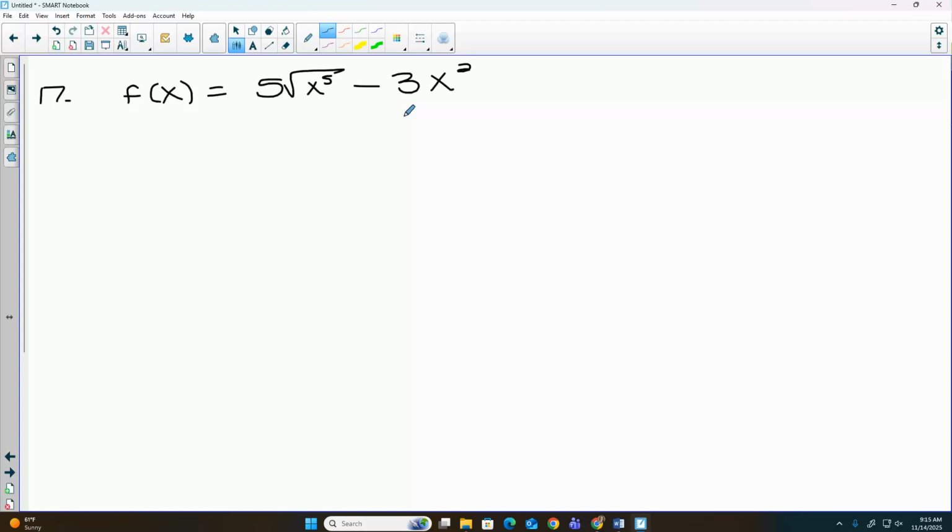And then what's the derivative of a number? 0. So you can't plug in until the very end. Okay, we have to do our derivatives first. So it would probably be helpful to rewrite this without that radical. How would I write the square root of x to the 5th? X to the 5 over 2.